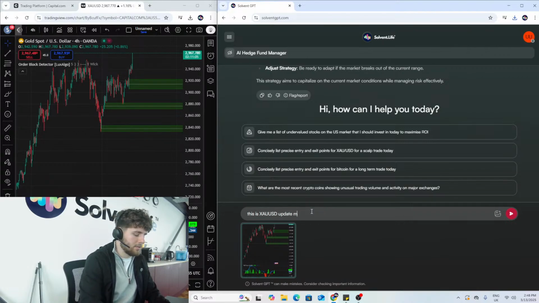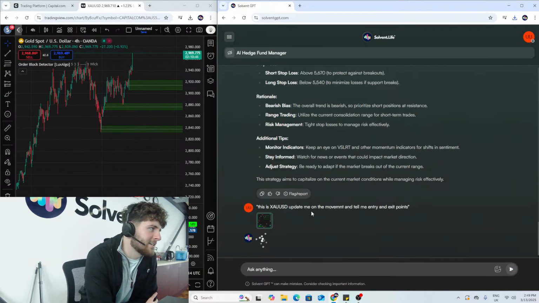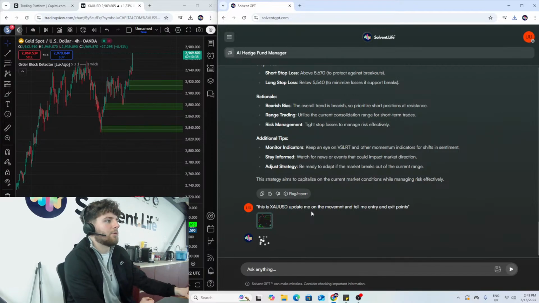Update me on the movement and tell me entry and exit points. Now, I'm not sure if entering a trade at this moment would be the smartest of ideas. However, for the sake of it, we are going to ask for a potential trade and whether we could take it or not.